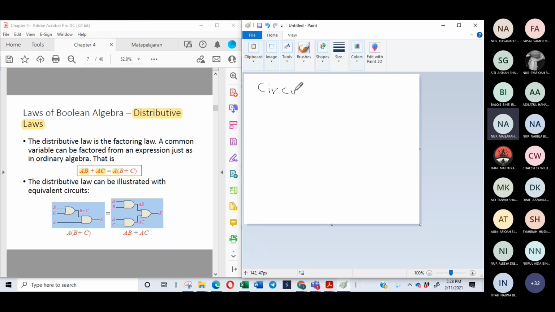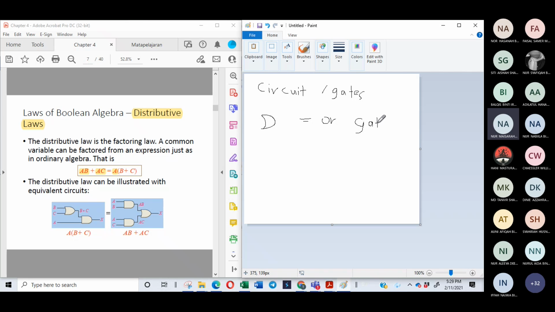We call it a circuit, or we call it the logic gates. Right. And if you see this one, this is equivalent to all gates.